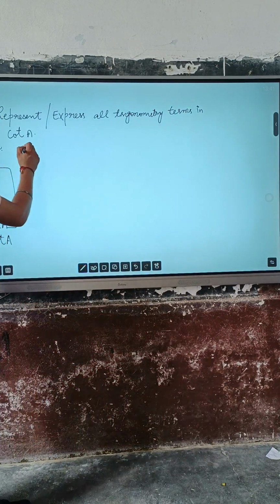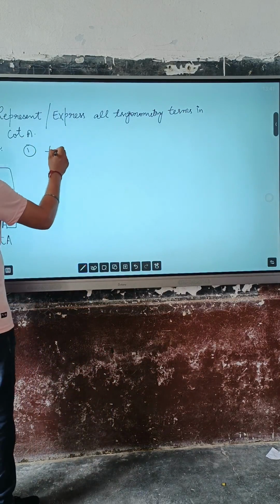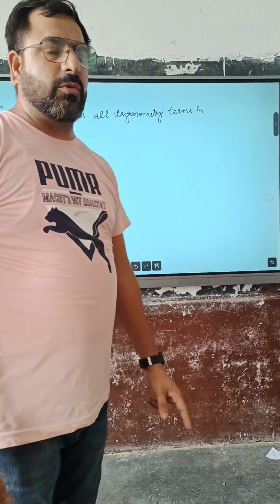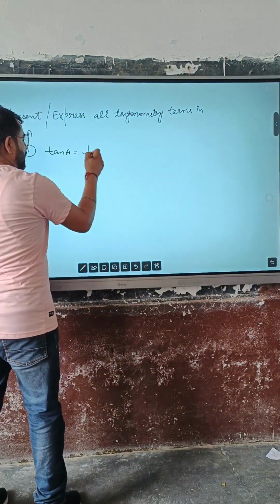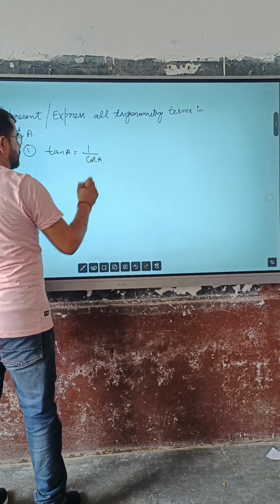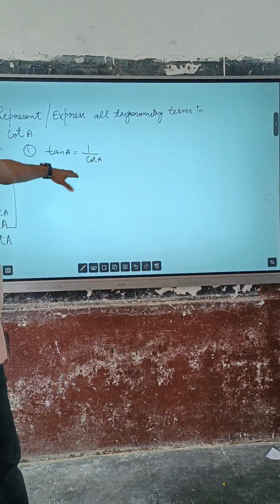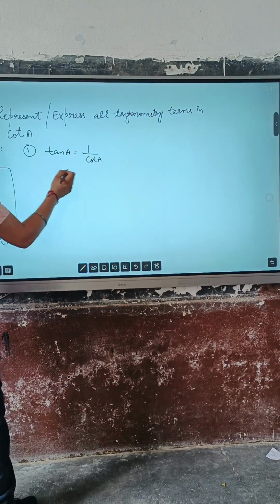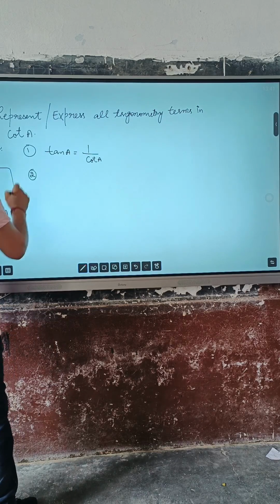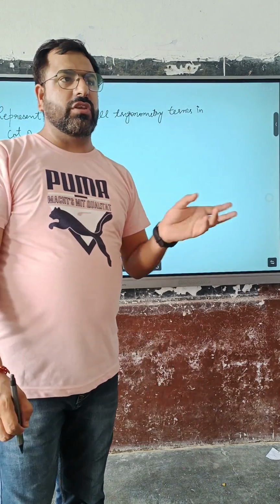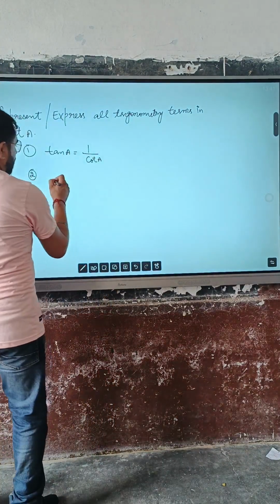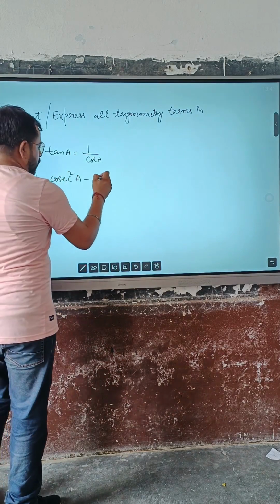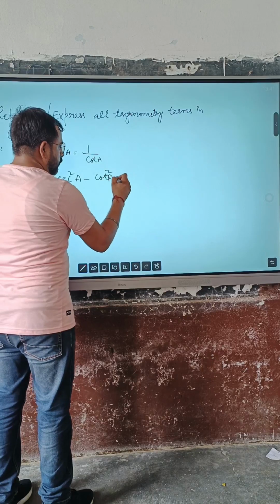So we will start with tan A. We know that tan and cot are reciprocal to each other, so tan of angle A is equal to 1 upon cot A. Second, we have a relation between cosecant and cot, that is a trigonometric identity: cosecant square A minus cot square A is equal to 1.